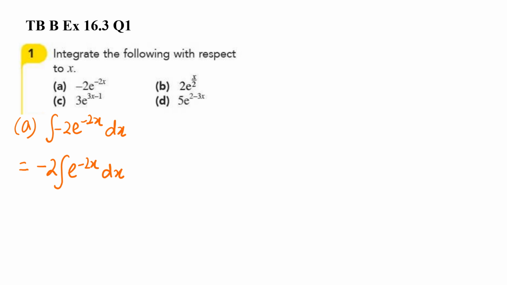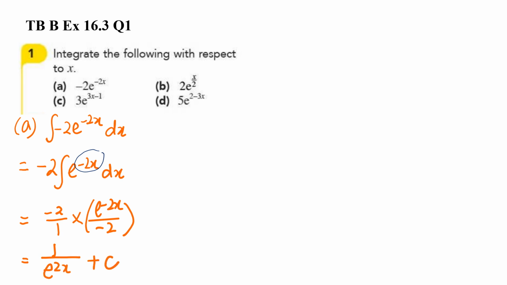If it's differentiation, you just write down whatever you see times the differentiation of the power. So here you will get -2 first, times e to the power -2x divided by the differentiation of the power, differentiating -2x you get -2. And you simplify further. This is what you get.